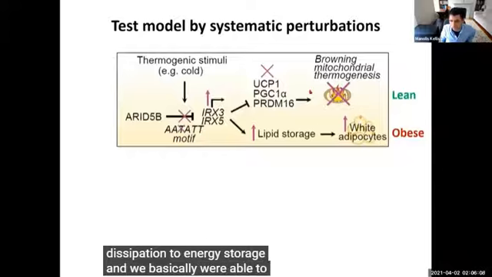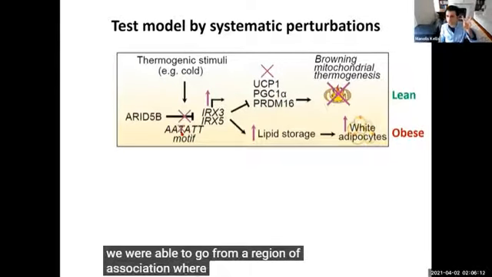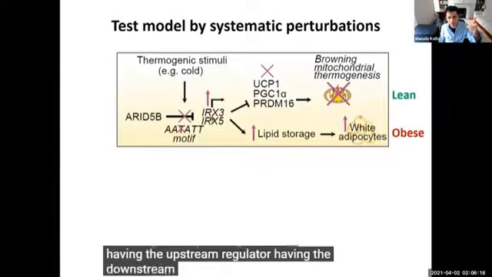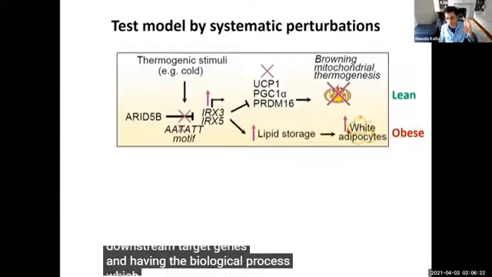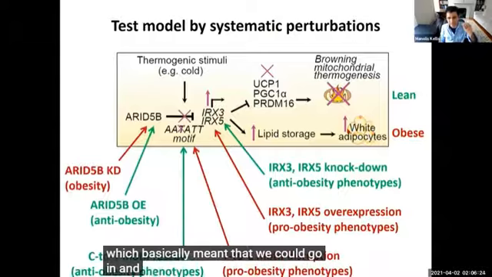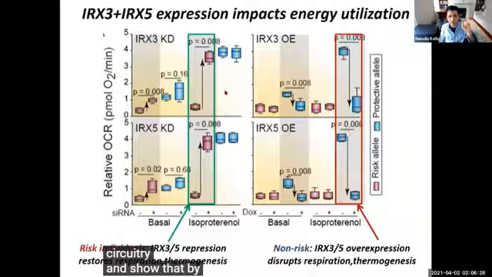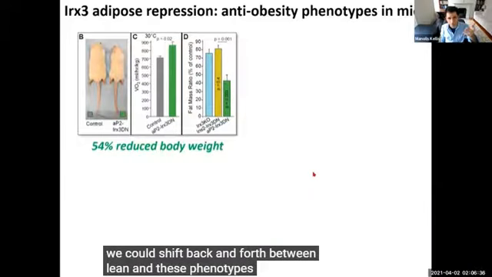And we basically were able to build our model to say that we were able to go from a region of association where we knew nothing to having the SNP, having the motif, having the upstream regulator, having the downstream target genes, and having the biological process, which basically meant that we could go in and intervene and change that circuitry and show that by knocking down the downstream target genes, we could shift back and forth between lean and obese phenotypes.